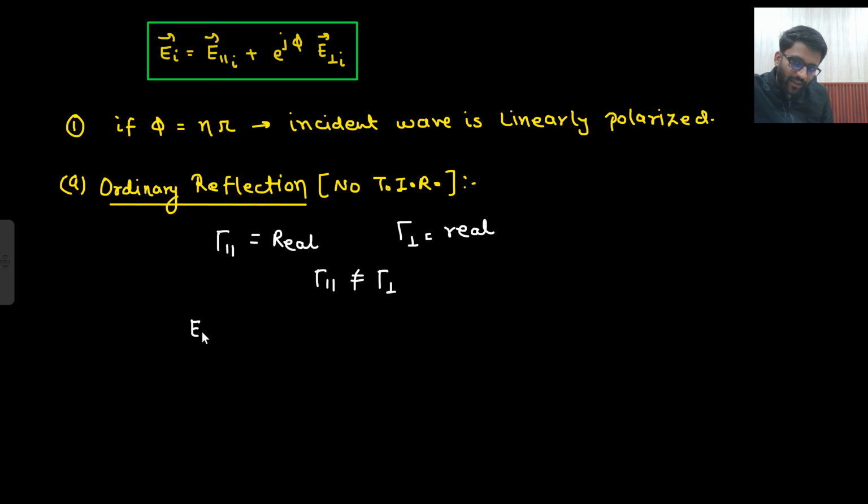So if I write down my reflected electric field, what am I writing? The reflected electric field has two components, one is the parallel component and one is the perpendicular component. Now how will this come into action? I am not writing down the direction, only the magnitude. It will be multiplied with gamma parallel with E parallel of the incident wave.